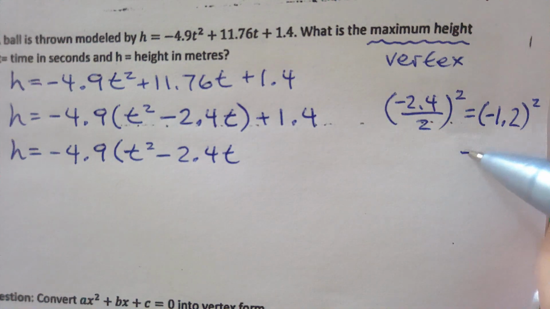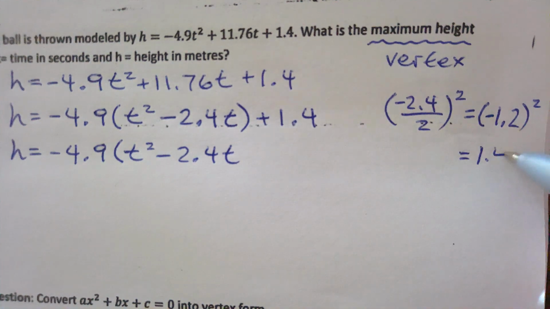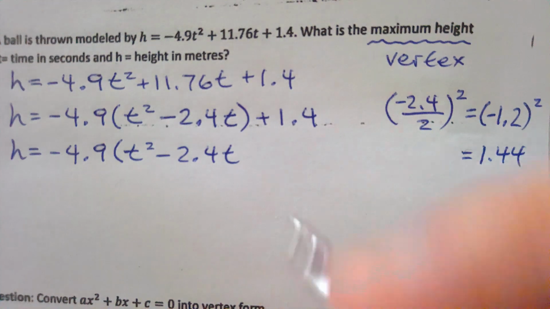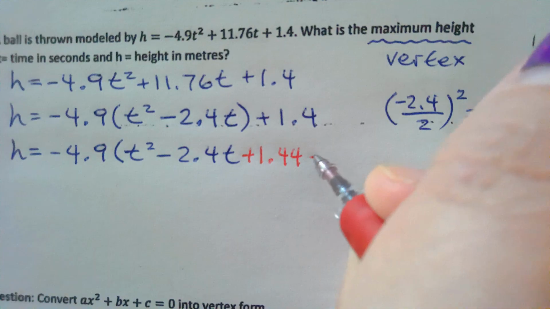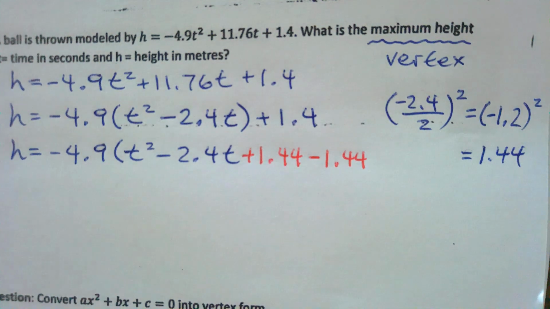Okay, negative 1.2 squared is 1.44. So I'm going to add 1.44 and subtract 1.44. So again, it's like I haven't done anything.